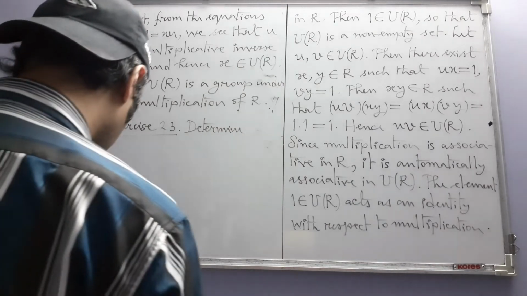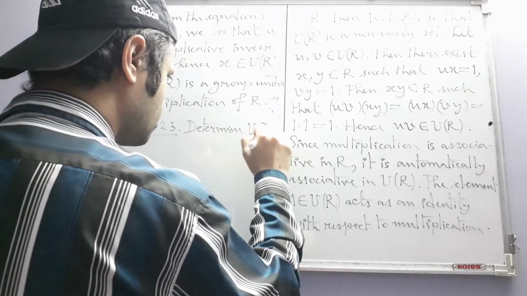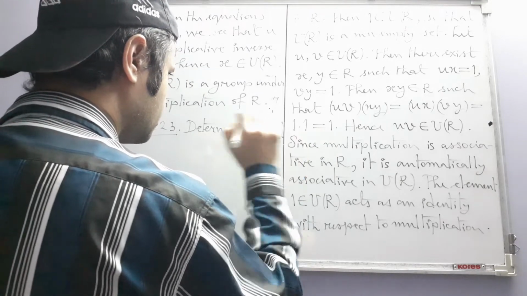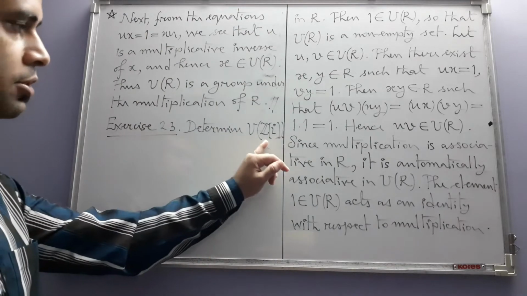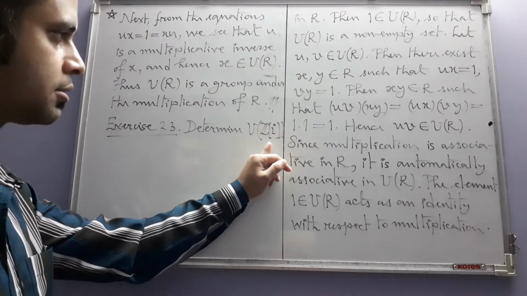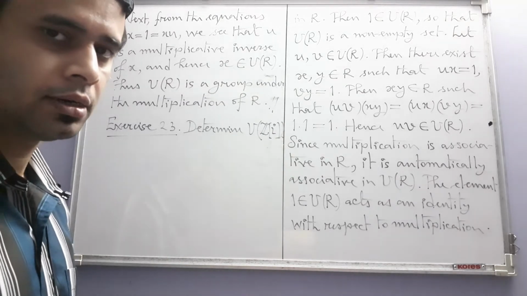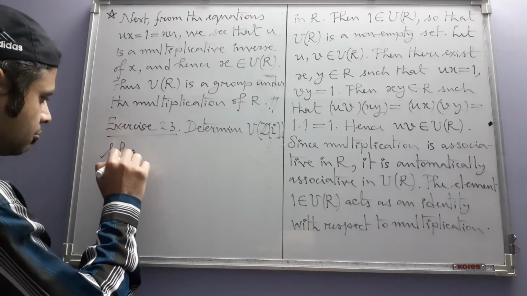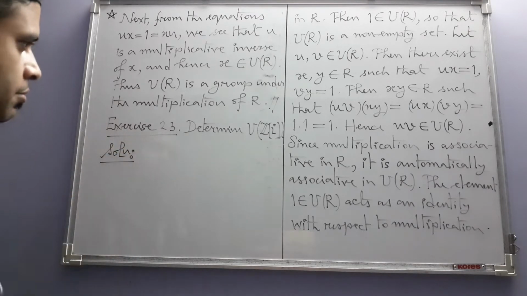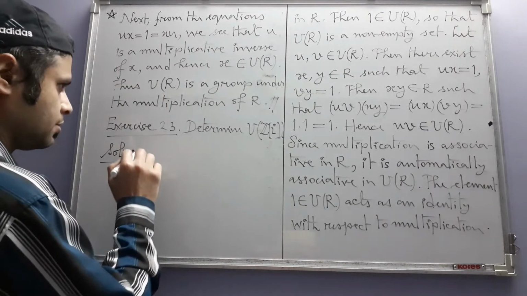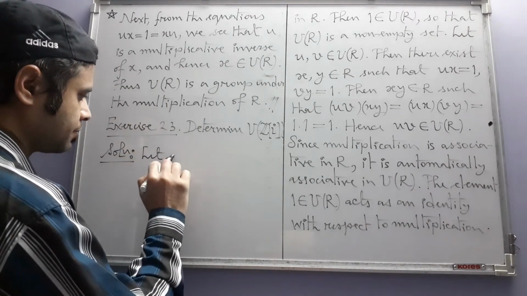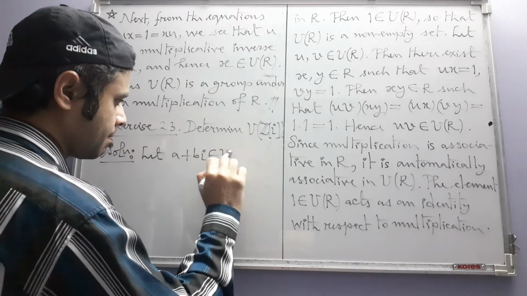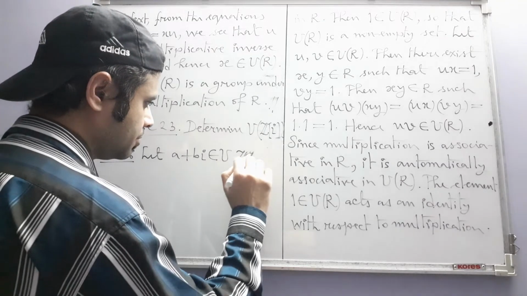We have to determine this group of units for the ring of Gaussian integers, that is complex numbers whose real and imaginary parts are both integers. Let A plus Bi belong to this group of units.